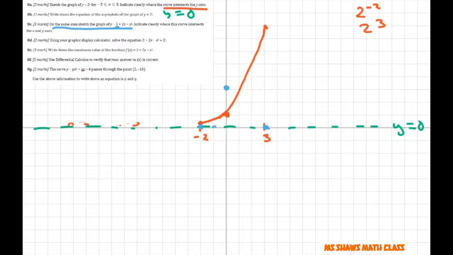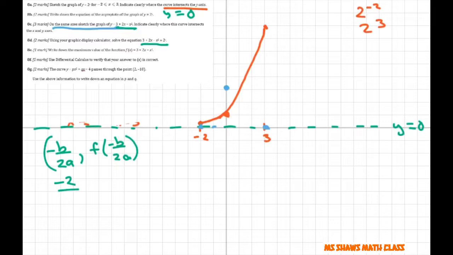We can look at our minimum and maximum values. We can use negative b over 2a to get our vertex, f of negative b divided by 2a. So in our case, our a is -1, our b is 2. So we have -2 divided by 2 times -1. That's going to give us 1.